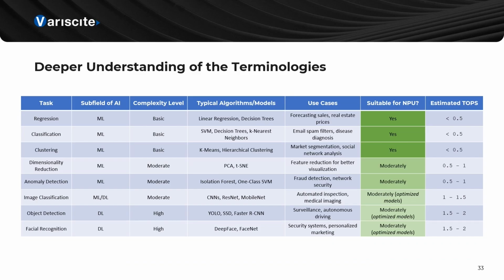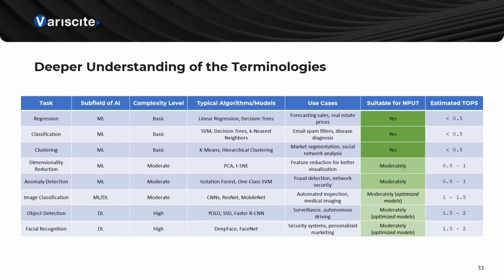This slide provides an overview of various AI and machine learning and deep learning tasks, highlighting the complexity levels, the typical models, and the estimated TOPS required for each. Again, while these TOPS values serve as useful guidelines, they're not strict limits. The suitability of an NPU for a particular task depends on multiple factors, including the specific model used and potential optimizations.